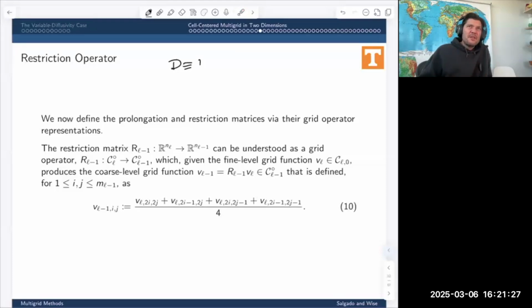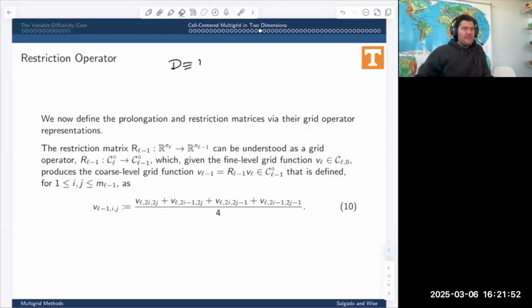The other thing I want to say is that it's not a great idea to think about these operators in terms of their matrices. It's much more straightforward to think about these two operators, the restriction and prolongation operators, in terms of their grid representations. In other words, I want to know how these things operate on grids, and I don't really care about what the matrices themselves look like.